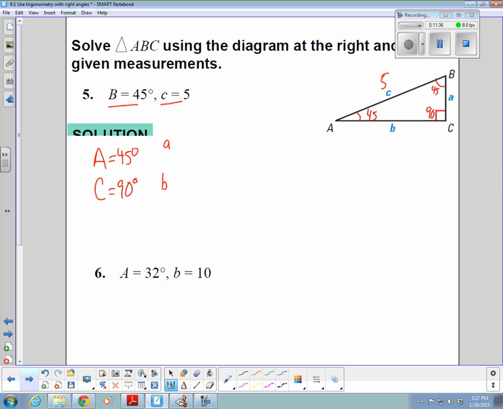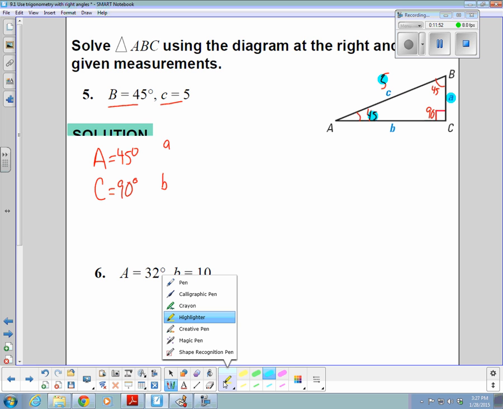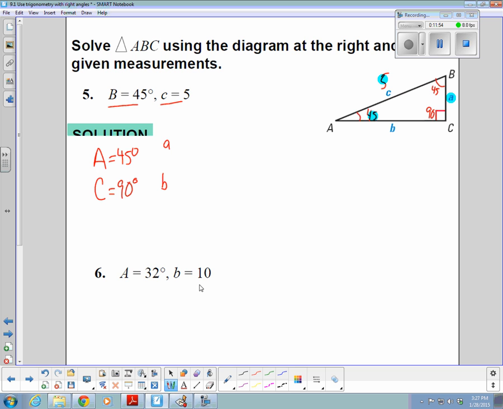I think I'm just going to take this angle right here and use the sine function, because that would be opposite over hypotenuse. That's the sine function if you forget. So sine of my angle A, which is 45 degrees, is equal to a divided by 5. That's from SOH CAH TOA, the S-O-H.